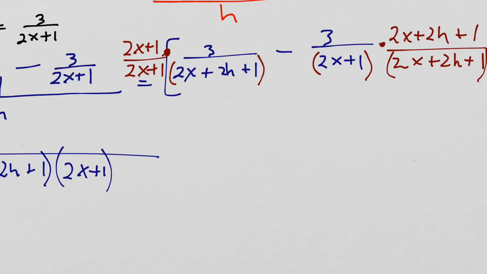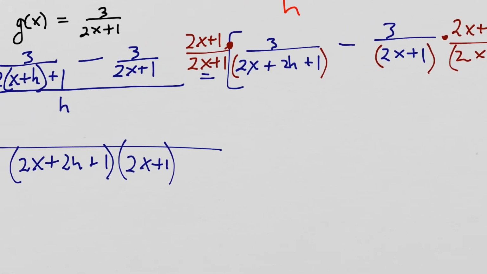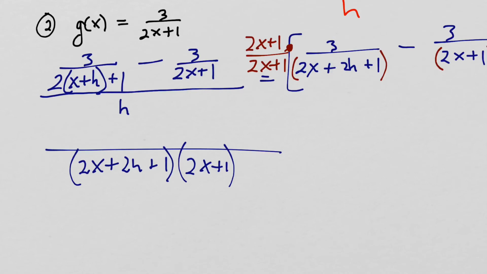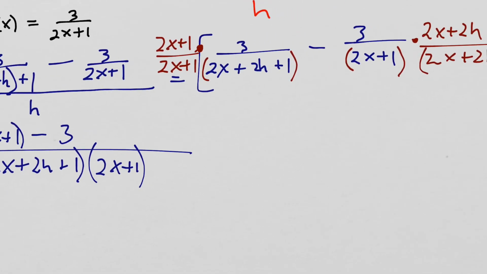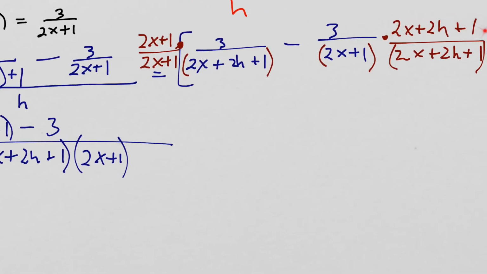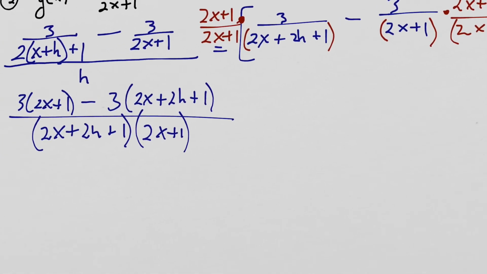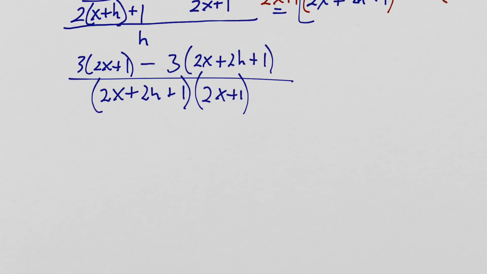So that means I've got 3 times 2x plus 1, and then minus 3 times 2x plus 2h plus 1. Let's get that done, and then we'll divide by h.